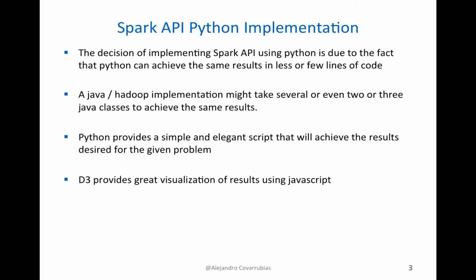As I previously said, a little bit more about the Spark API Python implementation that I'm using on this project. The decision of implementing a Spark API using Python is due to the fact that Python can achieve the same results as different languages in fewer lines of code.